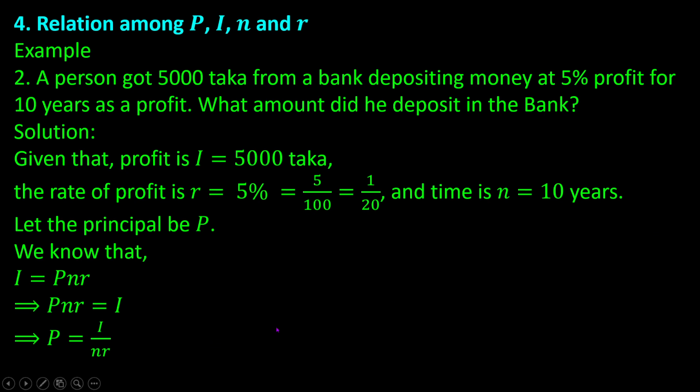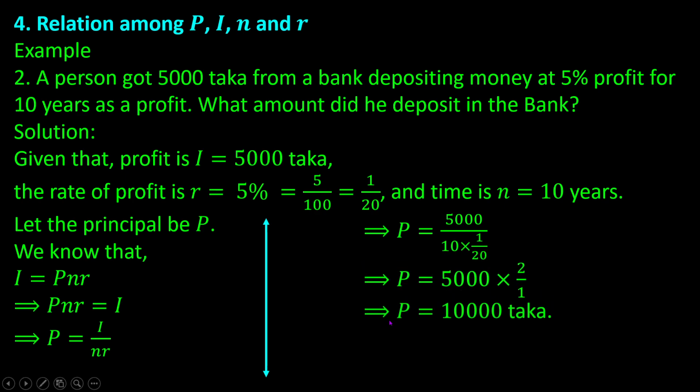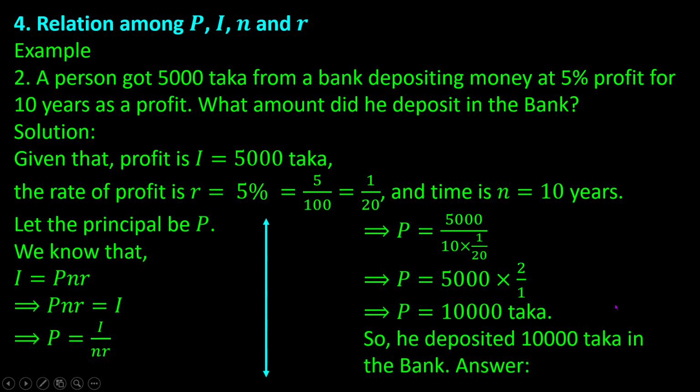Now putting the values of I, N and R in this equation, we get P equals 5,000 divided by 10 into 1 divided by 20. Now after doing calculation, we get P equals 10,000 taka. So he deposited 10,000 taka in the bank.